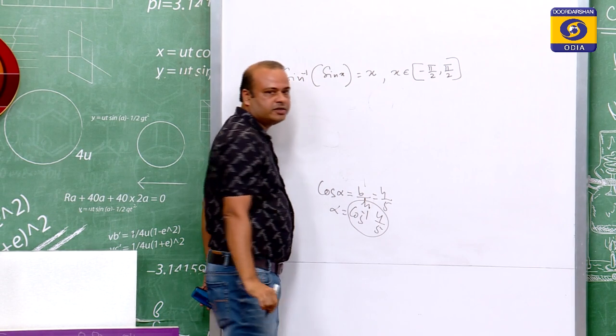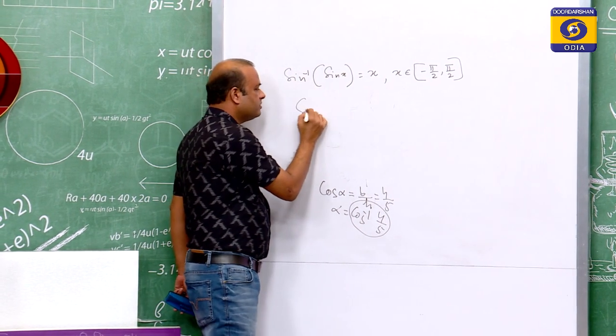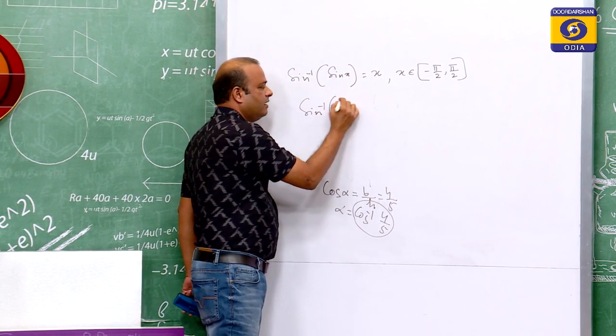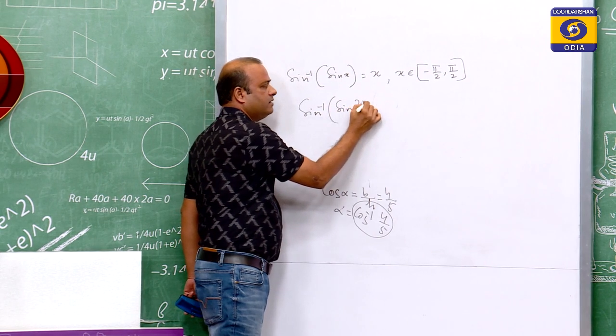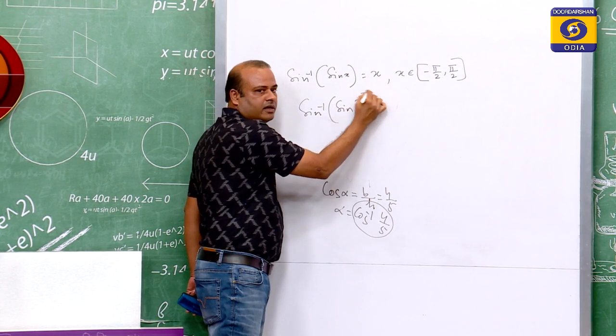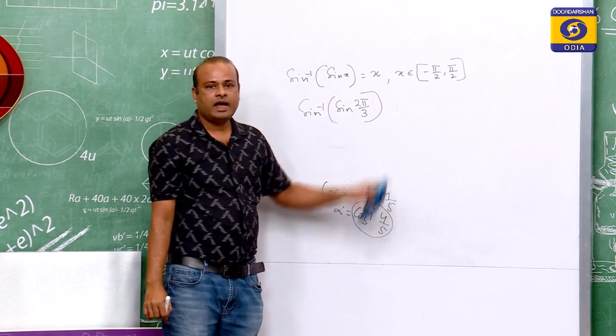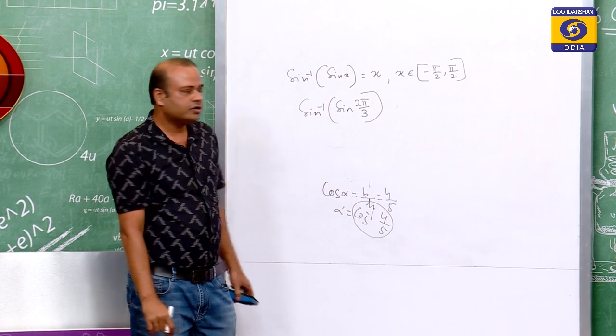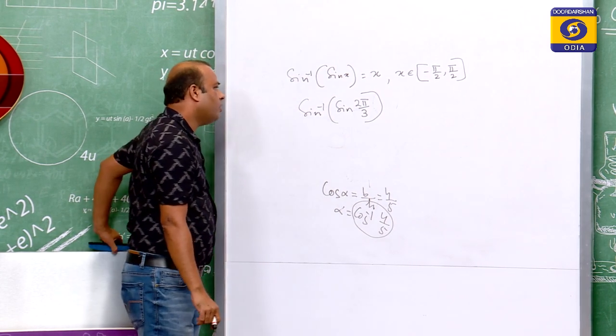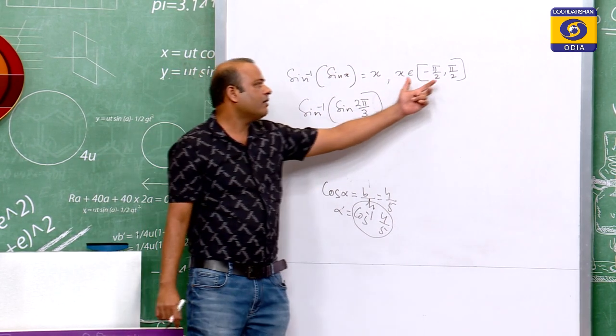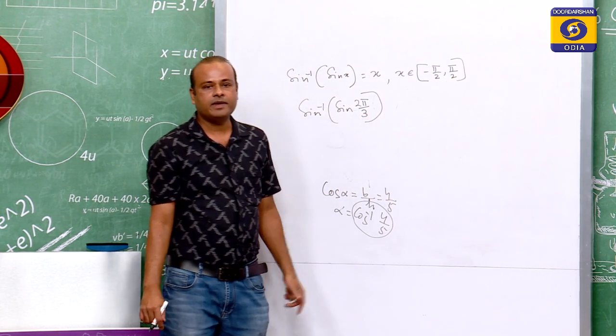So the question is sin inverse sin 2 pi by 3. You cannot write it here as 2 pi by 3, because 2 pi by 3 is not in the closed interval of minus pi by 2 to pi by 2.